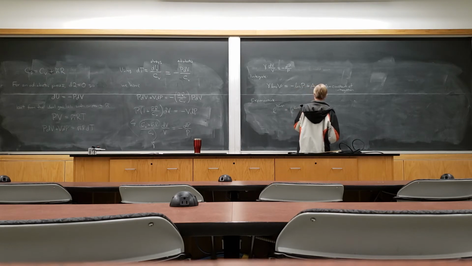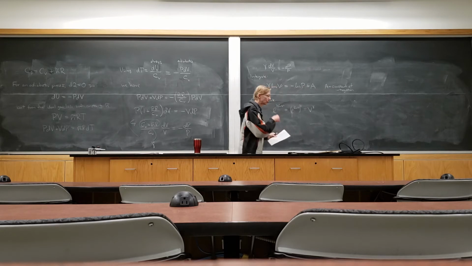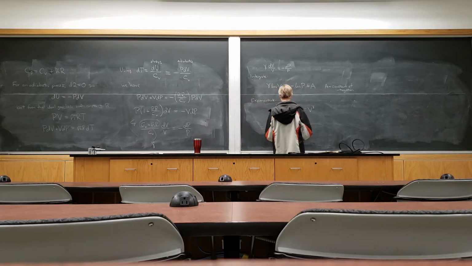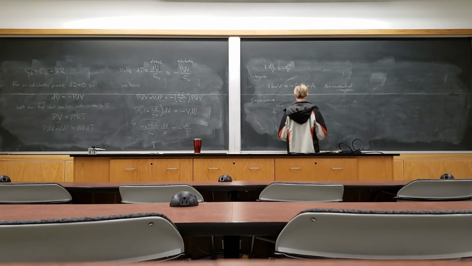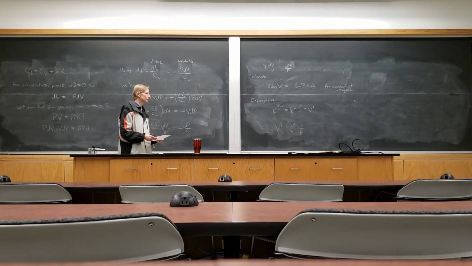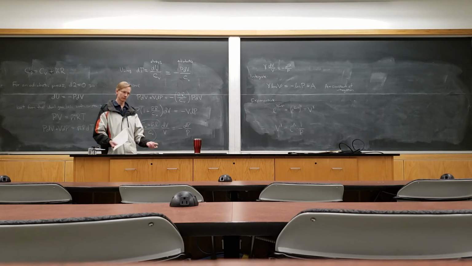So in other words, it's V to the gamma. So we have V to the gamma is equal to e to the A times 1 over P, because e to the minus log P is 1 over e to the log P is 1 over P.